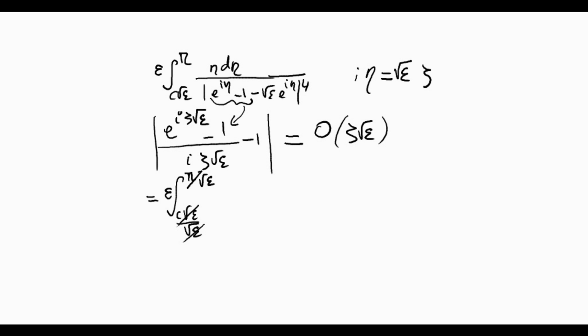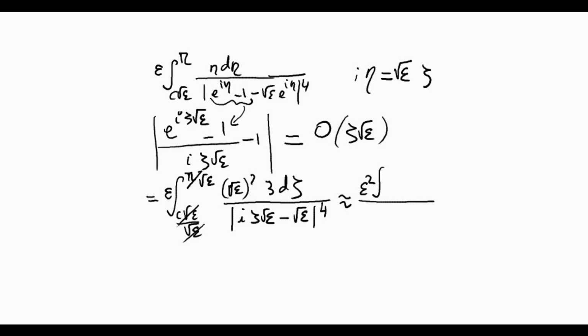The terms in η dη now can be written as square root epsilon squared ζ dζ, and then on the denominator we are going to have the approximation of the exponential minus 1 as iζ square root epsilon, and then here we are going to be left with something of the order of square root epsilon, because the other exponential will be approximated by 1, and this is to the power 4, which leads to all the terms in epsilon cancelling out.